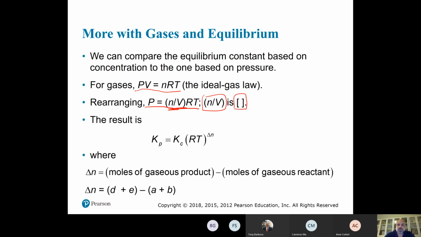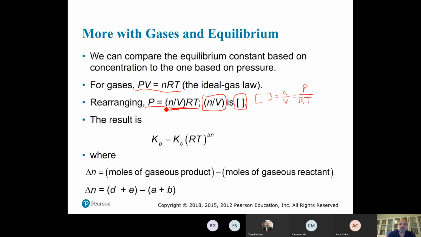So let's just go here. If we instead rearrange and solve for concentration, which is equal to n over V, this is equal to, sorry, P over RT, right?